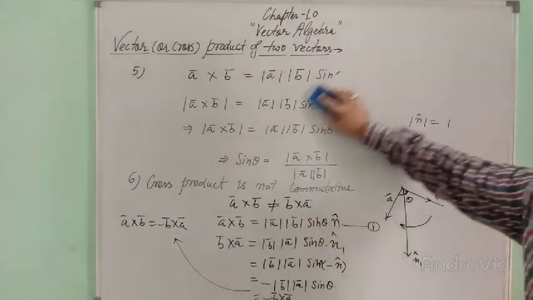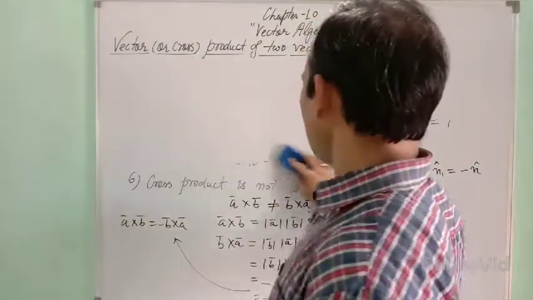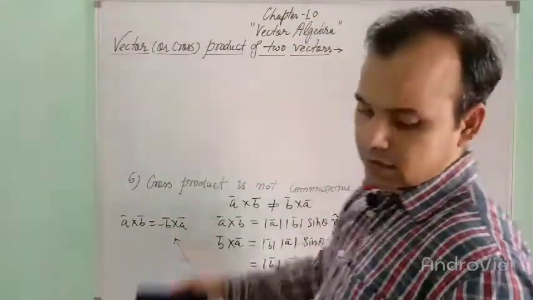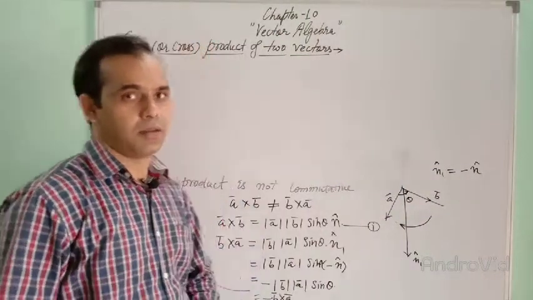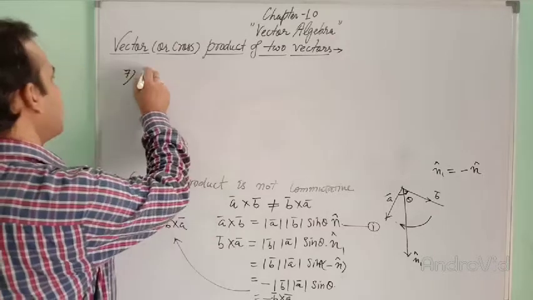Now let's see the application of the cross product of two vectors in finding the area of a triangle as well as the area of a parallelogram. How? First we will get the area of a triangle.